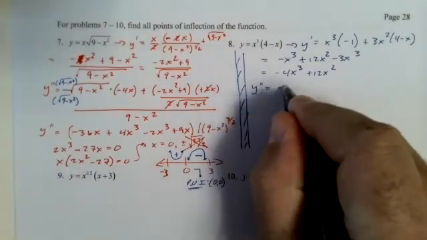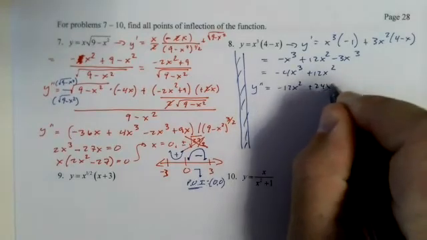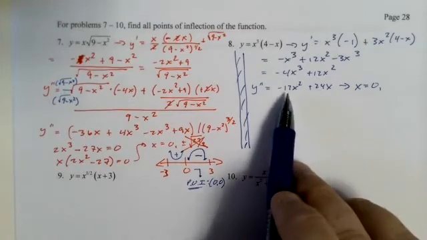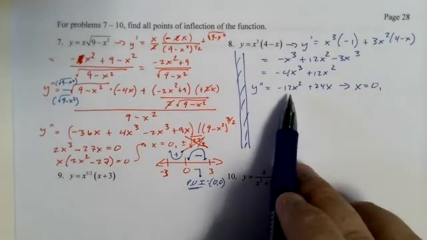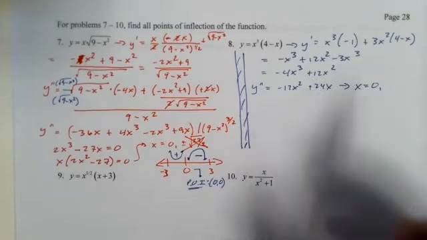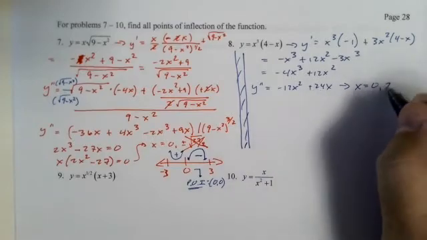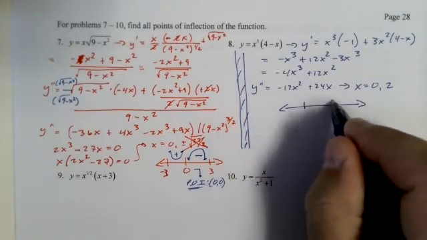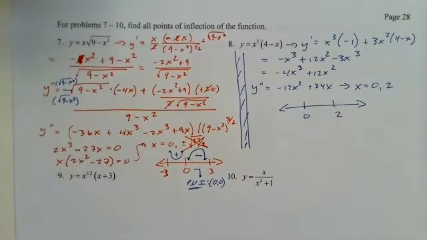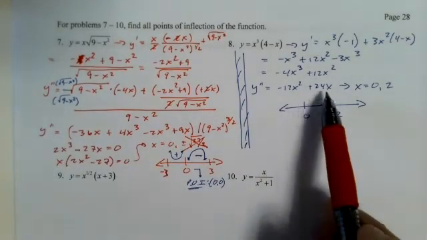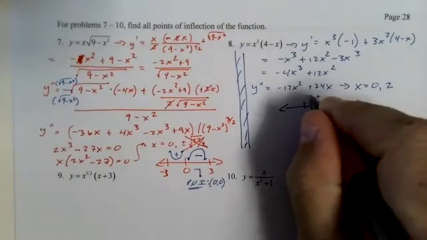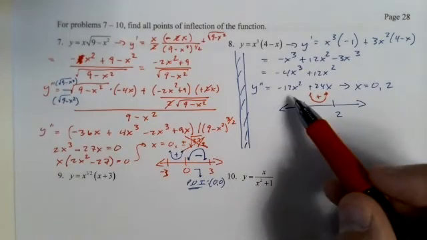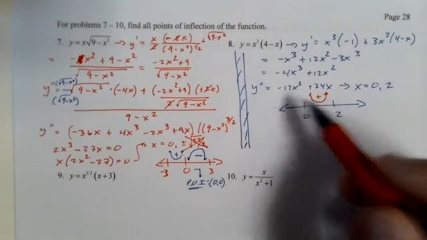Y double prime equals negative 12x squared plus 24x. There's going to be a 0 at x, and then negative 12x plus 24, 12x equals 24, x equals 2. And then we do this. Plug in 1, 24 minus 12, positive, concave up. Plug in 3, plug in a massive, huge number, the negative's going to outweigh.